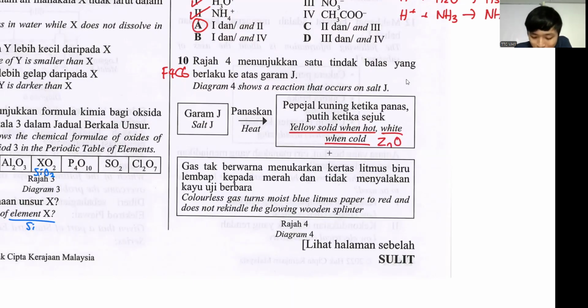The other gas is a colorless gas that turns moist blue litmus paper to red and does not rekindle the glowing wooden splinter. This one is a bit funny, a bit interesting.